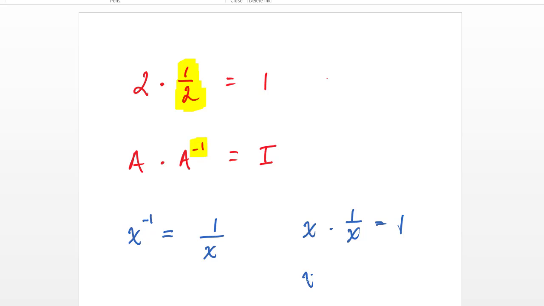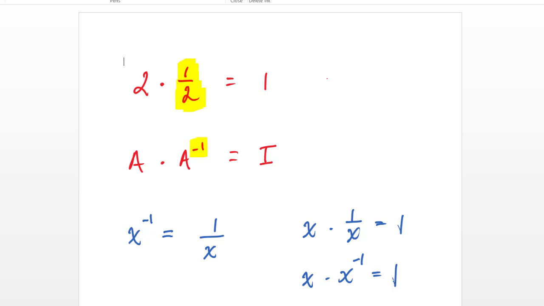Or we can write that in inverse form, x times x to the -1 power. That's still going to equal 1. So we use this -1 as an exponent to imply inverse. I don't want you to think that you have to do some sort of operation with the exponent in this particular case with the matrices. That's just notation.